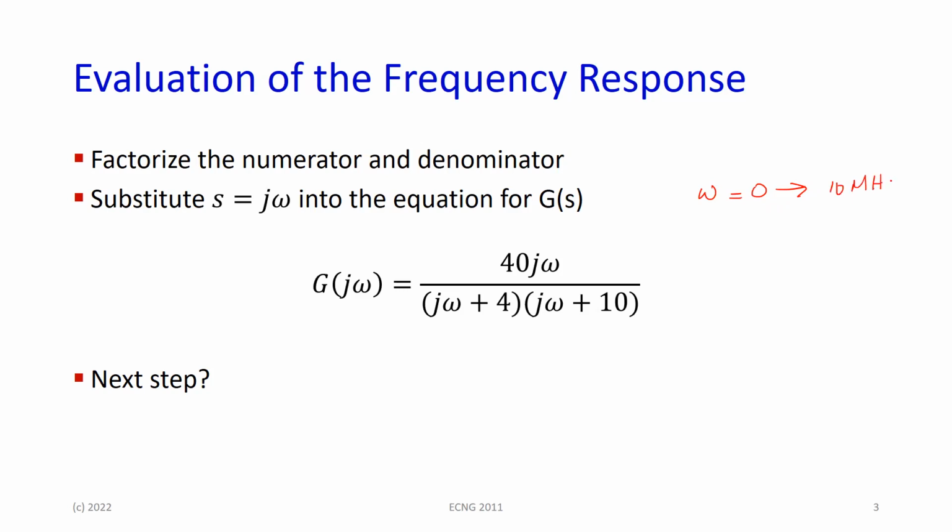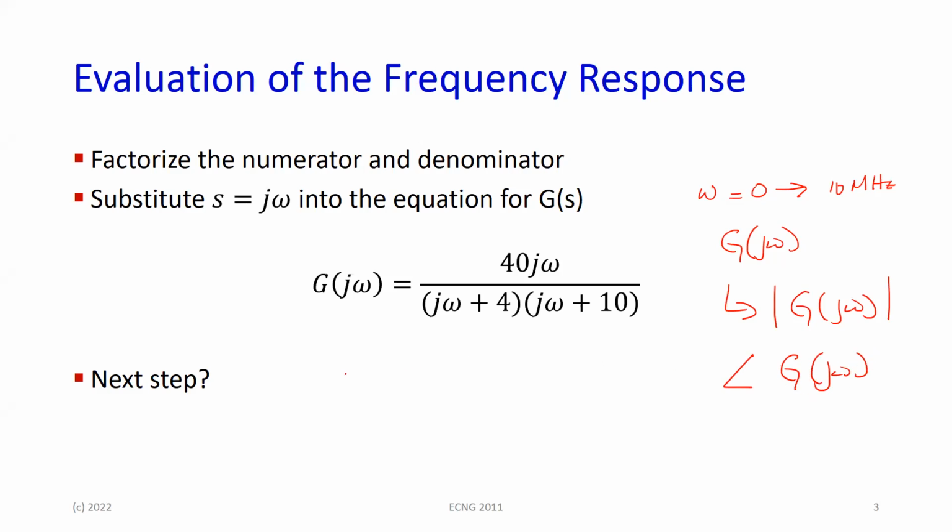So you put omega in, see what G of J omega looks like, and then from there you would be able to take the magnitude of G of J omega, and also get the angle of G of J omega.